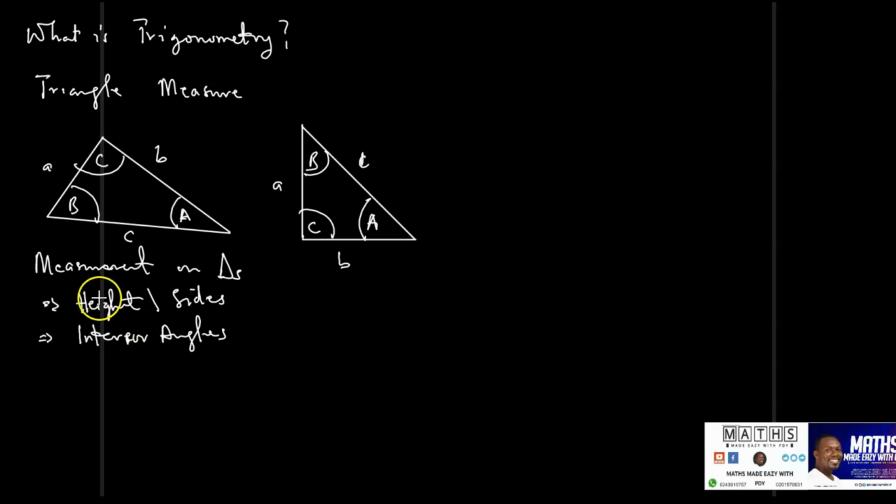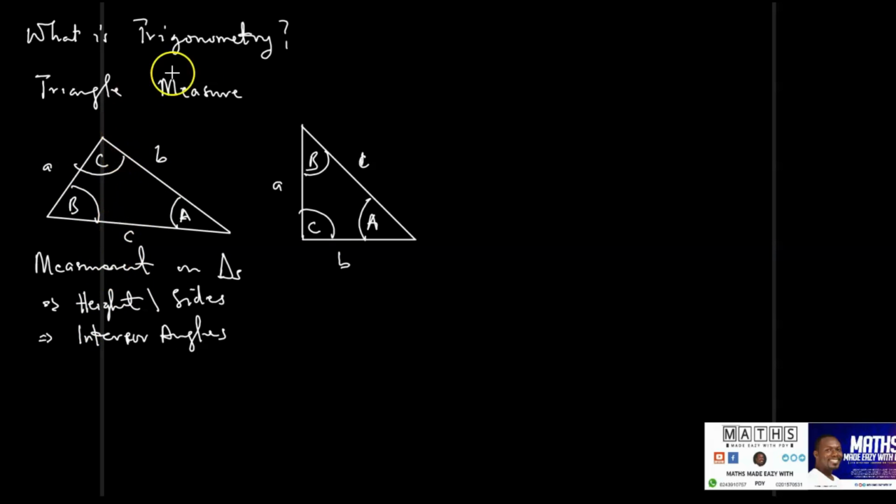The ruler, the tape measure, or the surveyor's tape can be used to measure the sides when the triangle is drawn. The interior angles, strictly, we have to use the protractor to measure. That is one particular instrument you can use to measure the angles when the triangle has been drawn.